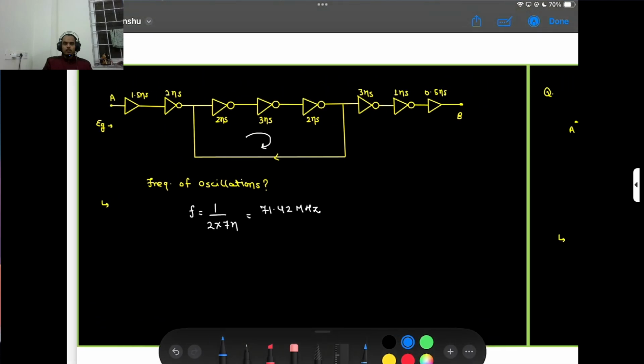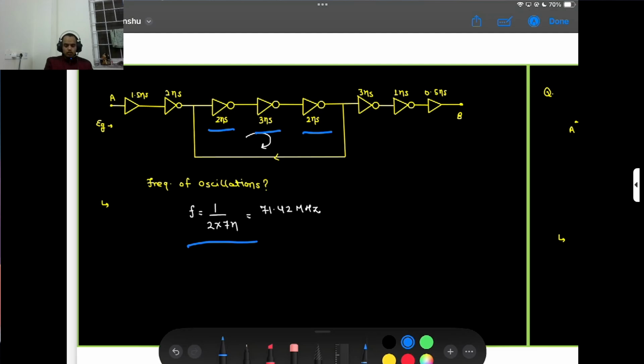And here is the same problem again. Here is 2 nanoseconds, 3 nanoseconds, 2 nanoseconds, so again the circuit changes after 7 nanoseconds.